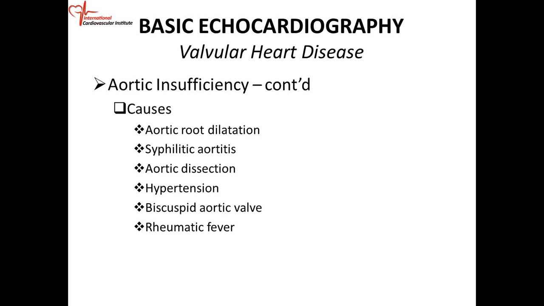If you have moderate aortic stenosis and moderate aortic insufficiency, that is severe combined valvular disease. That valve needs to be fixed. Even though both are moderate, it's severe combined valve disease, and you need to fix it.